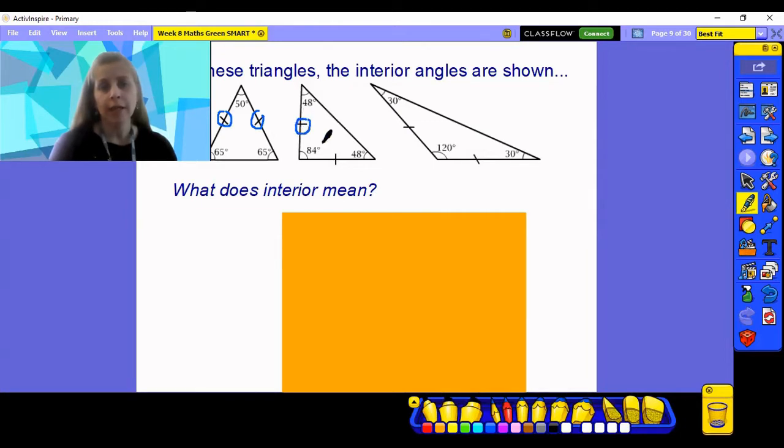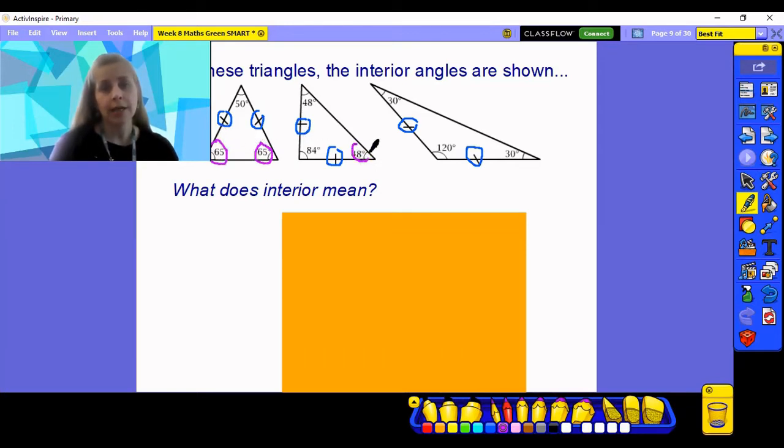So you've got one here and here, so these two sides are equal in length, as are these two sides here. And that tells us that it's an isosceles triangle, because isosceles triangles have two sides which are equal in length. And also a property of an isosceles triangle is that they have two angles which are the same.